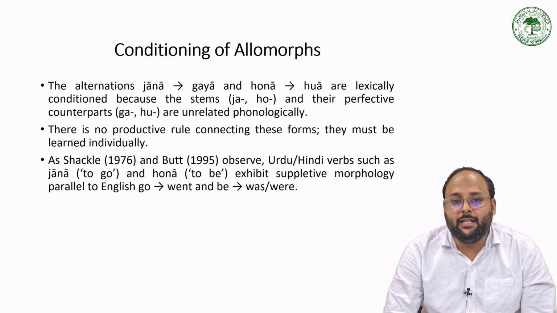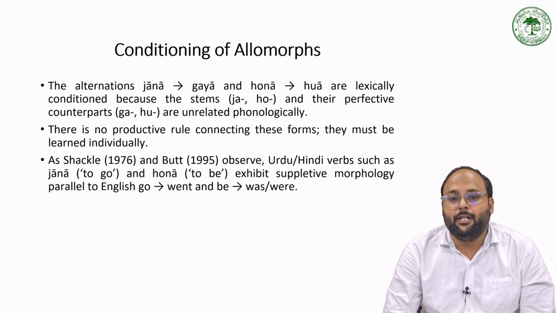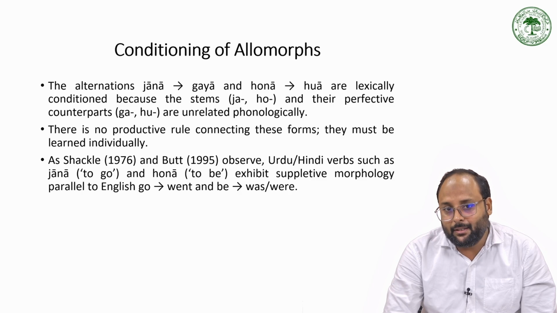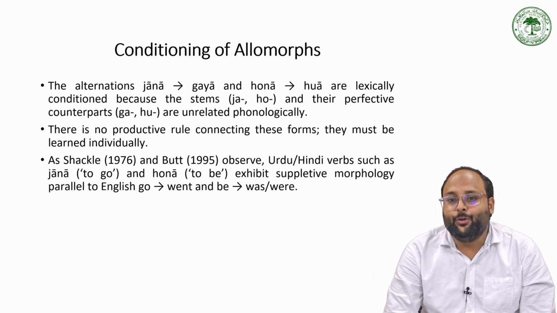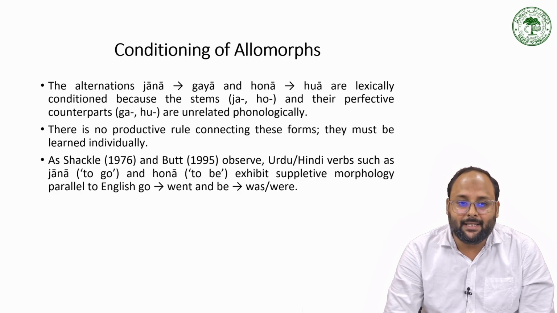They just replace the whole base form, jana by gaya and hona by hua. Because in jana, ja is the root and in hona, ho is the root. But in gaya we do not use ja and in hua we do not use ho. That is why it is an example of suppletion. So it can be considered lexically conditioned.